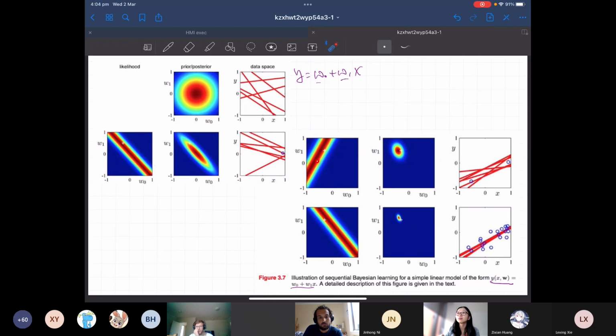So this first column of plots basically evaluates P of X given W. Oh, actually, it is P of Y in this case. Different notations. So P of Y given W and X. But in here, they are plotted in the W space. After seeing a whole bunch of points, the posterior probability of W shrinks a lot.